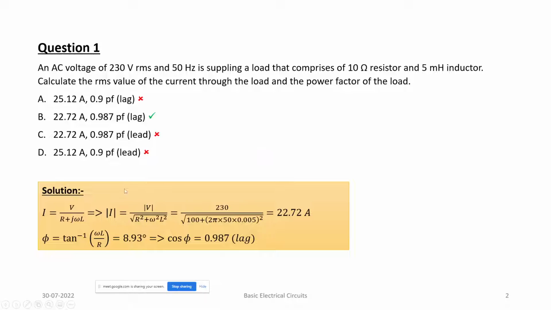Any question regarding question number 1? No, sir. No doubt.